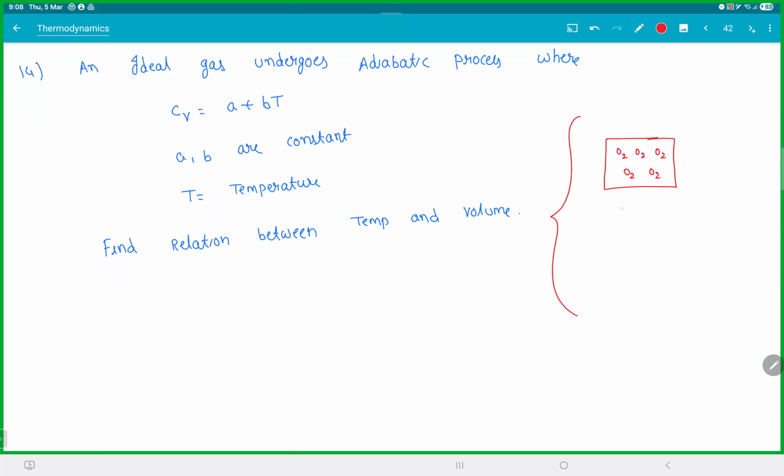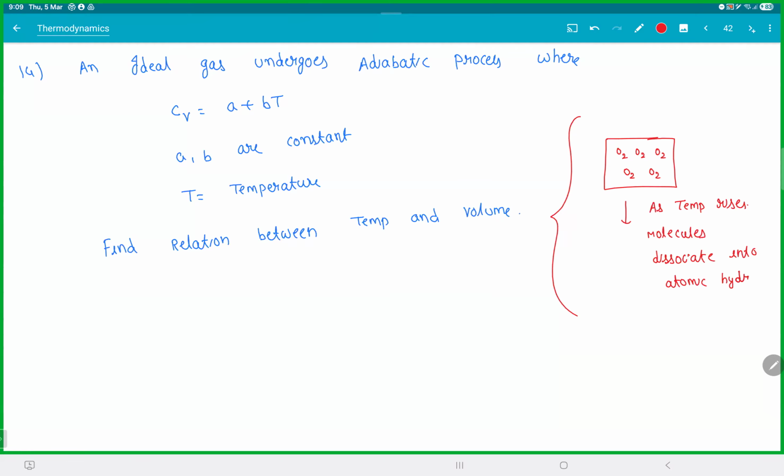Now, as you increase the temperature, some of the oxygen molecules start breaking off and give you atomic oxygen, single O. As temperature rises, molecules dissociate. Into atomic hydrogen.